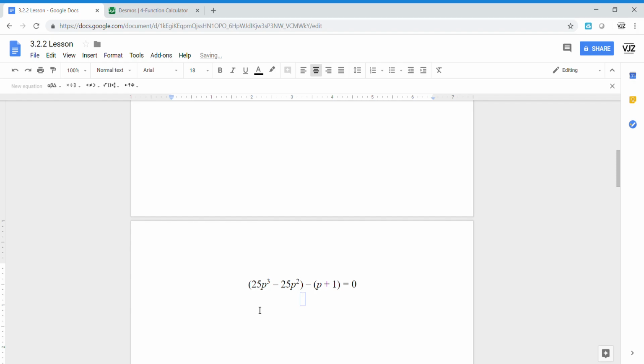Now we pull out a 25p squared on the left hand side as the greatest common factor, and then we'll have p minus 1, and then we'll pull out a negative 1, I think. P minus 1. Yep, that's it.